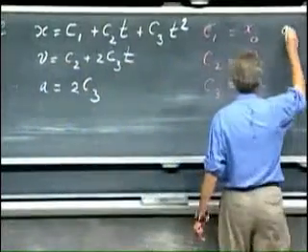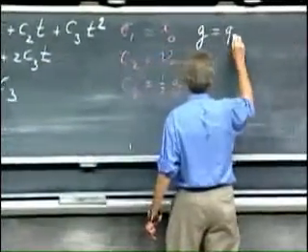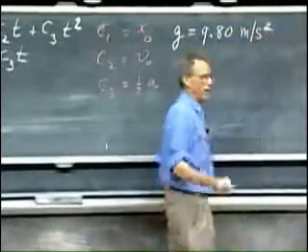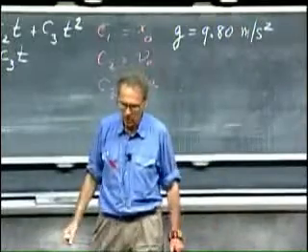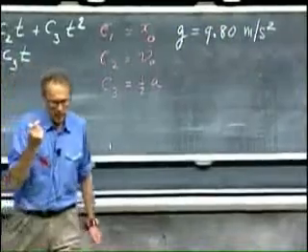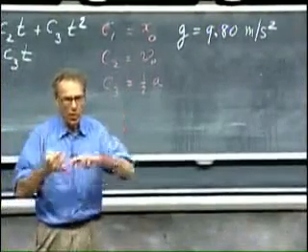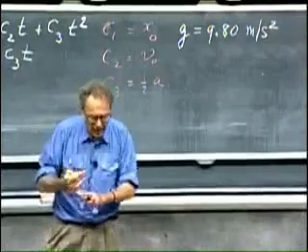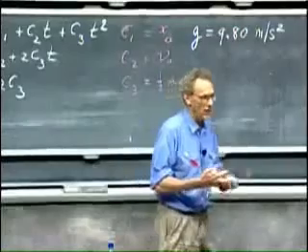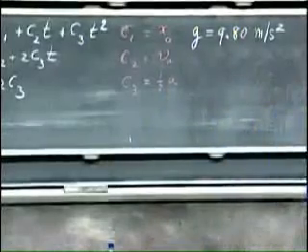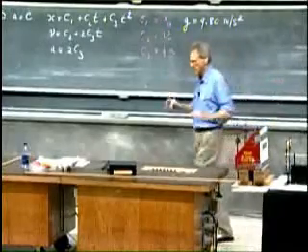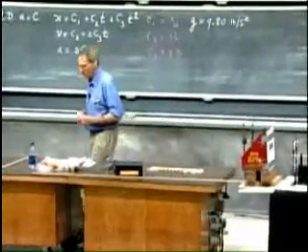And that g, gravitational acceleration, in Boston is 9.80 meters per second squared, and it varies a little bit for different places on Earth. This gravitational acceleration is independent of the mass of the object that I drop, of the speed of the object, of the chemical composition of the object, of the size of the object, and of the shape of the object, assuming that we have no air drag, assuming that these experiments are done in vacuum.